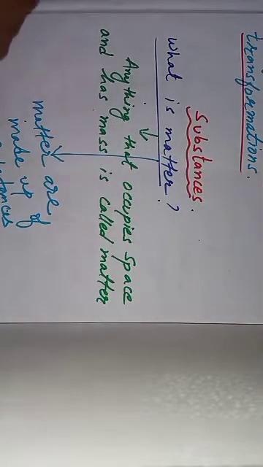Similarly, the water inside this bottle is occupying the space inside the container, and it has mass, it's heavy. So that means it's matter. Similarly, if you take a balloon and fill air inside it, the air occupies the space inside the balloon.